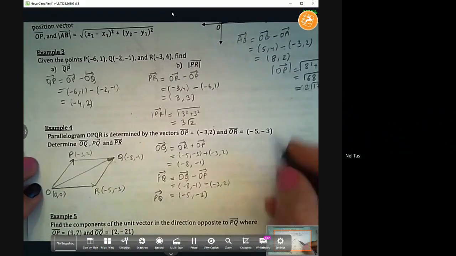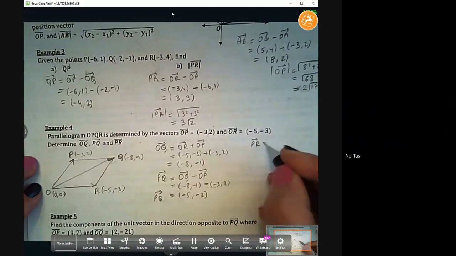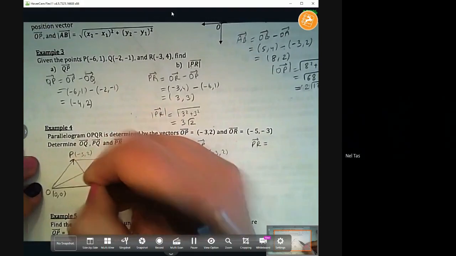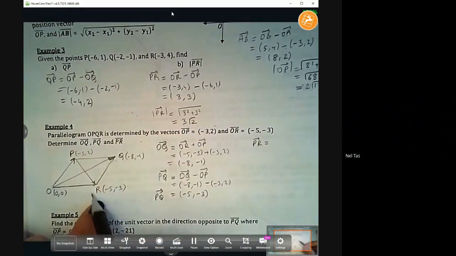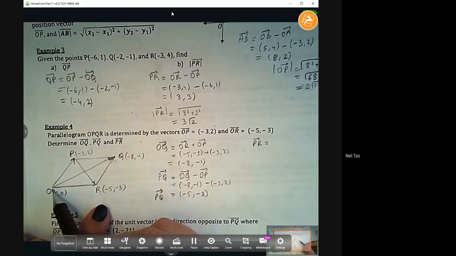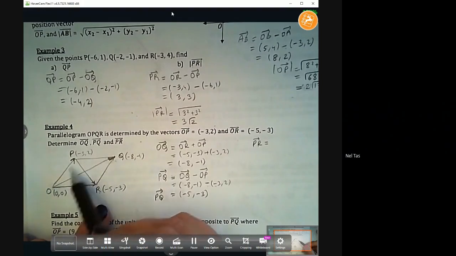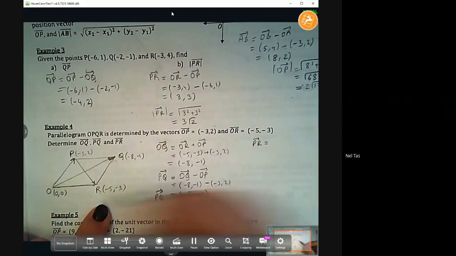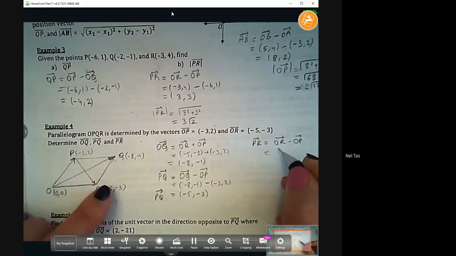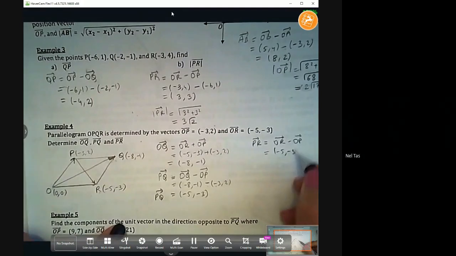Okay, so next one is PR vector. How can you find that? As you see, if you do OR minus OP, you can get PR vector. OR vector is (-5, -3) and OP is (-3, 2).